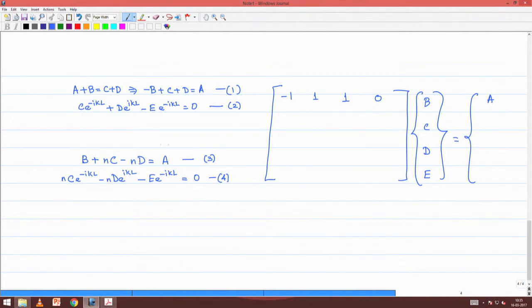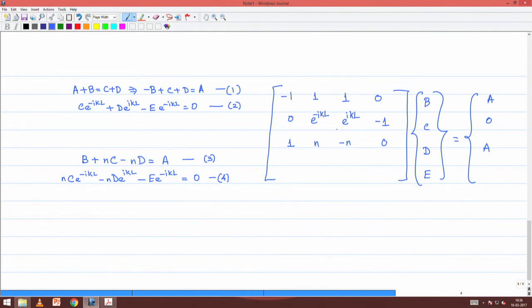So, that is the first equation. The second equation reads as there is no b here, but c will come with a coefficient of e to the power minus ik L, d will come with a coefficient of e to the power ik L, and e will come with a coefficient of minus 1, right. And on the right hand side we will have a 0. Similarly, the third equation will read as 1, n, minus n, 0, and on the right hand side you have a, right.